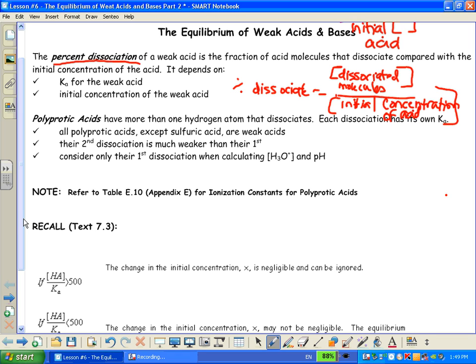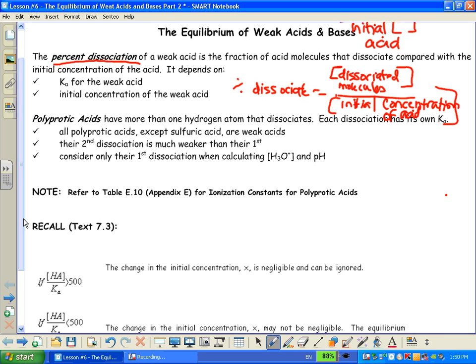All polyprotic acids, except for sulfuric acid, which we already know is a strong acid, are considered to be weak acids. Their second dissociation, so they donate one hydrogen and then they have the ability to donate another, is much weaker than their first. We should only consider their first dissociation when calculating the concentration of the hydronium ions and the pH.